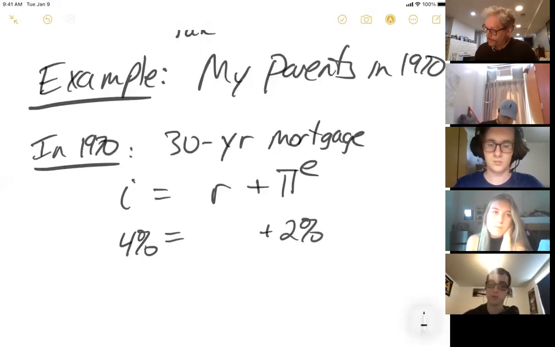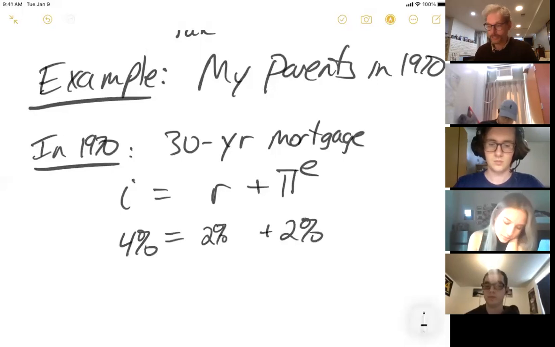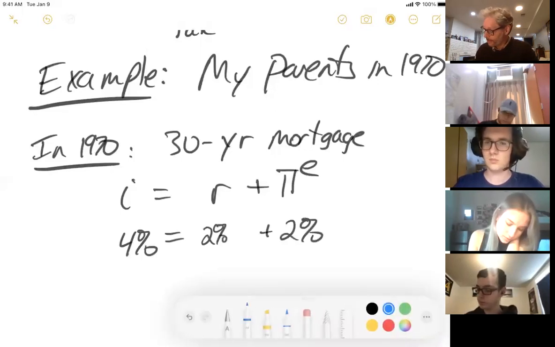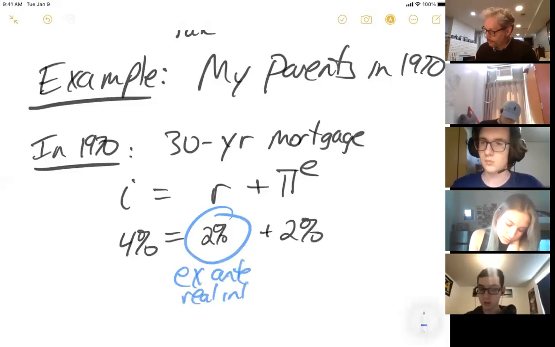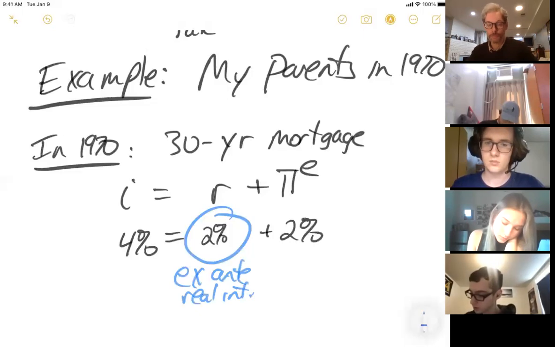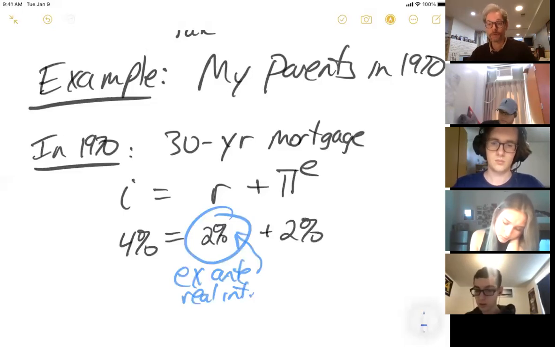And mortgages are relatively safe, so my ex ante real interest rate will be about 2%. In other words, my real return that I can expect to get should be about 2%.